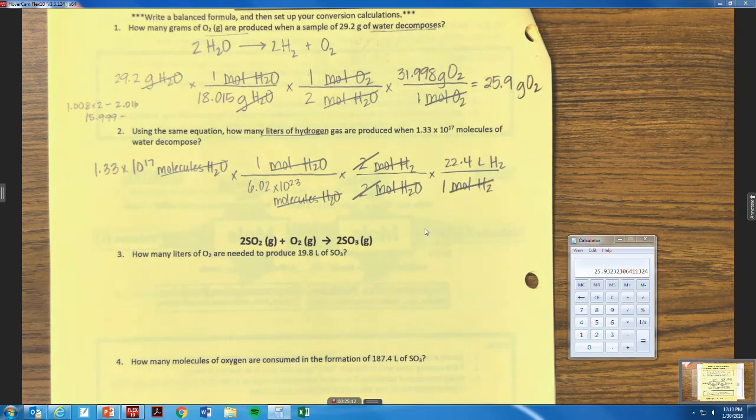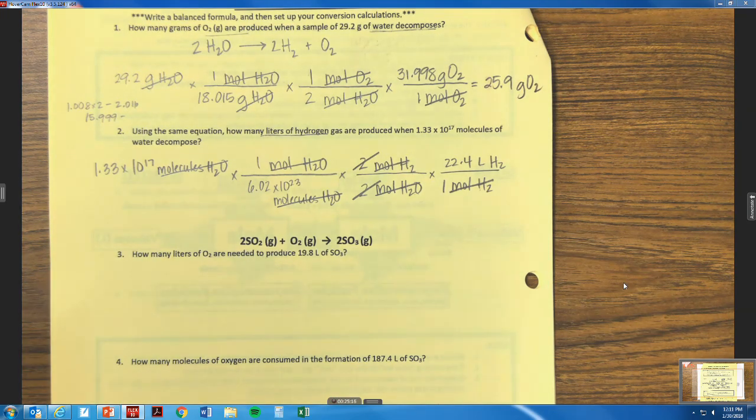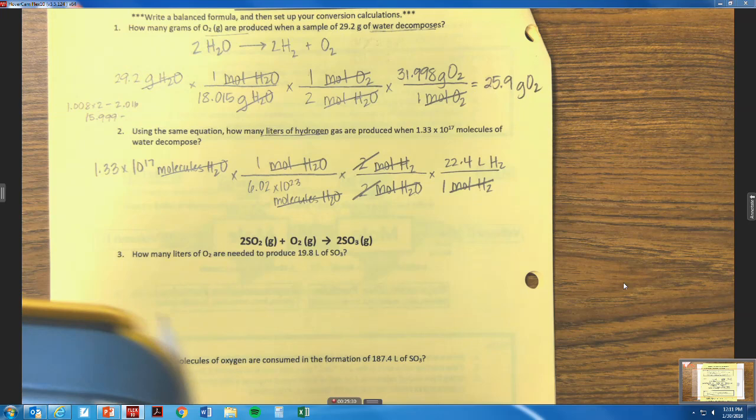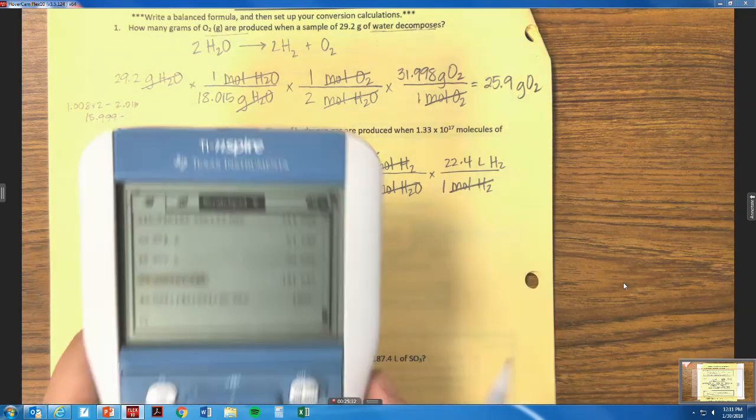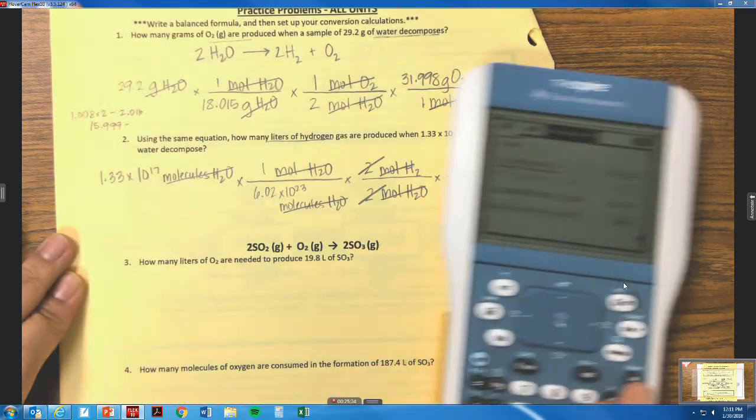I can't use a regular calculator for that, because I have scientific notation. So on your calculator, let's see if you guys can see this.